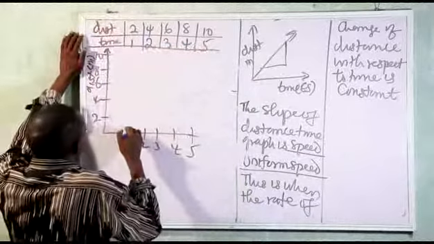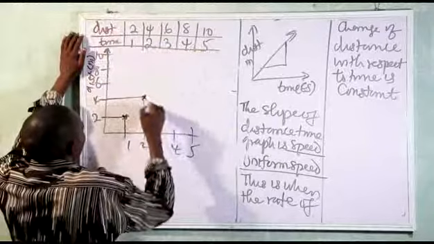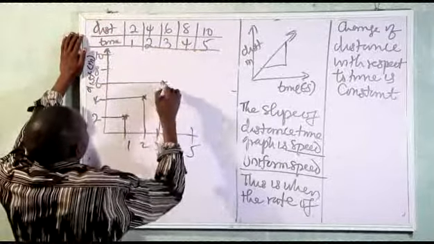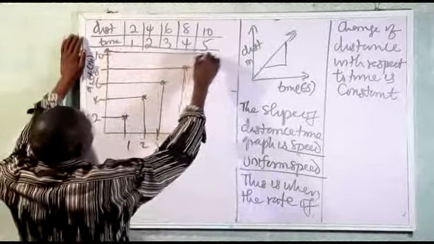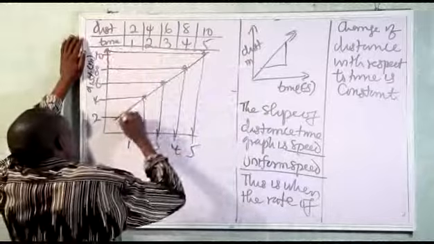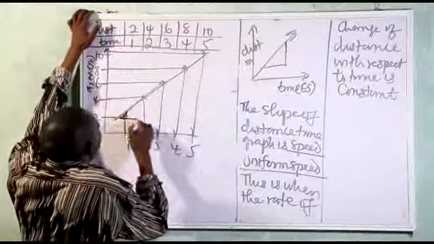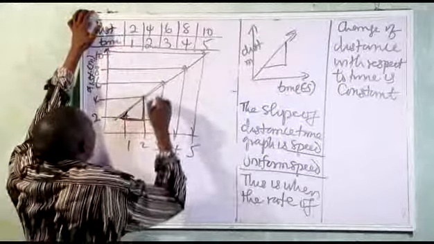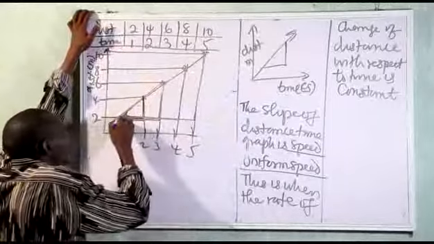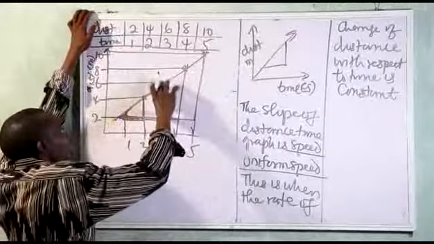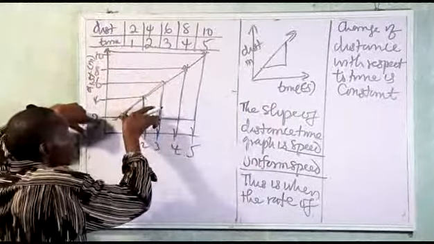Distance is 2 times 1, 2, 4, 6. 6 minus 2 is 4, and 4 over 2 is 2.